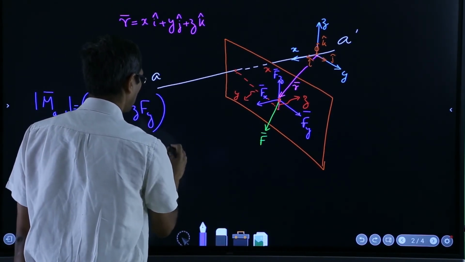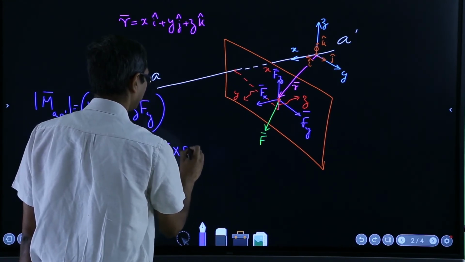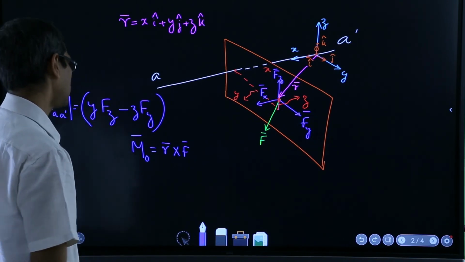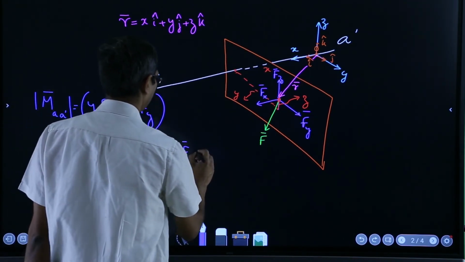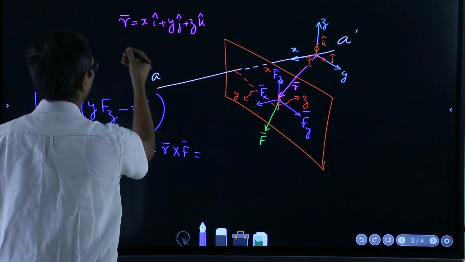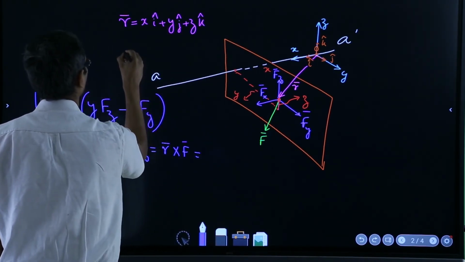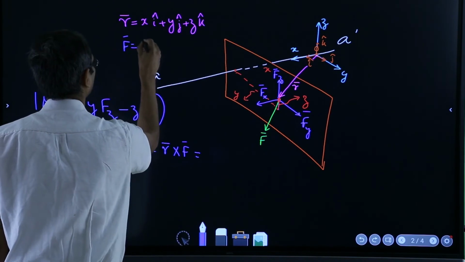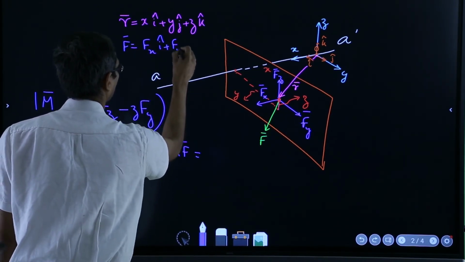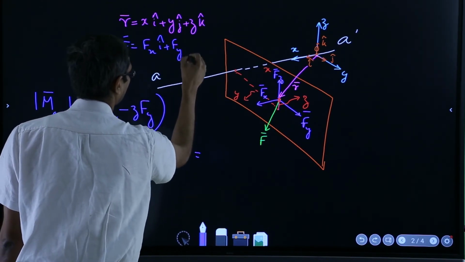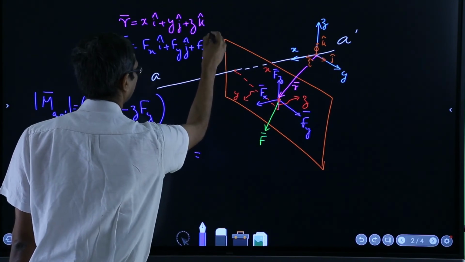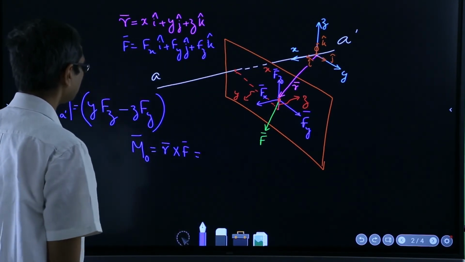So that will be r crossed with f, right. So how do you calculate that? It will be say r is this and f will be fx i plus fy j plus fz k, right.